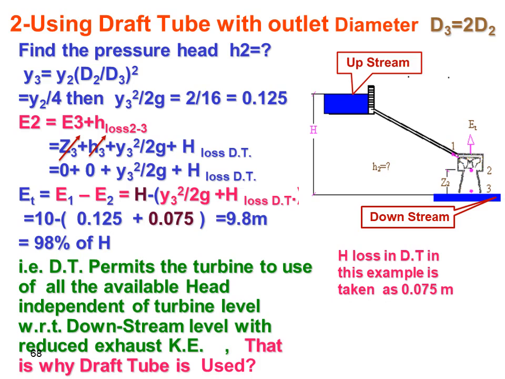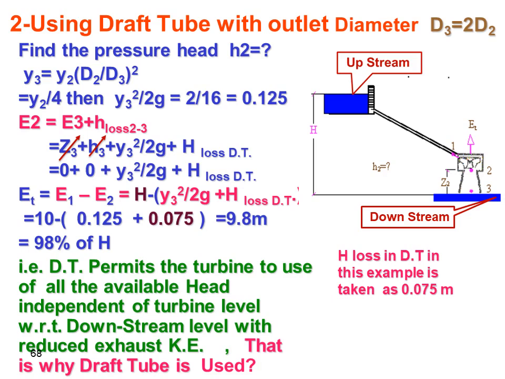Then when you connect section 2 to the downstream by this pipe, we cannot assume that the pressure at point 2 equals 0, as in the previous case. Let us say, for example, that the diameter at section 3 equals double the diameter at section 2.